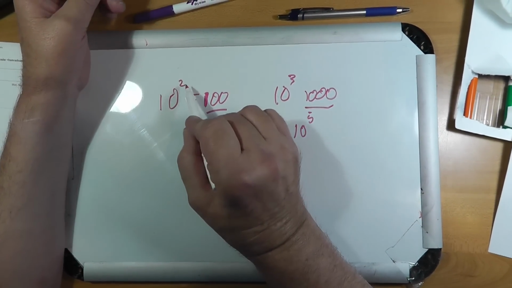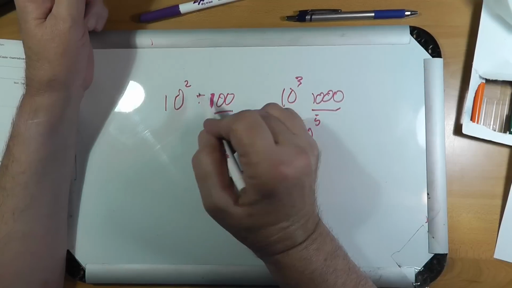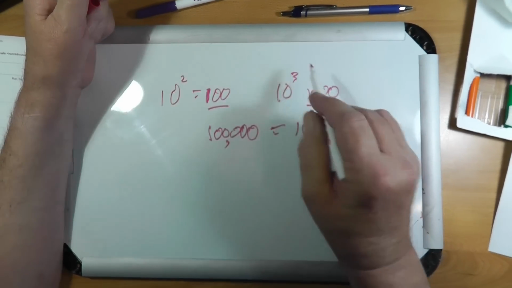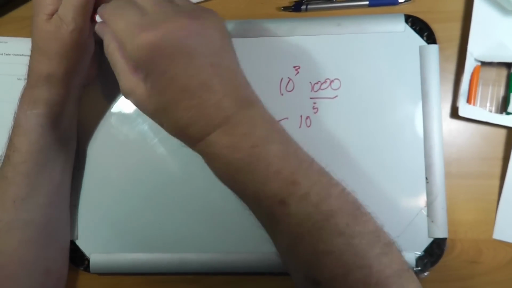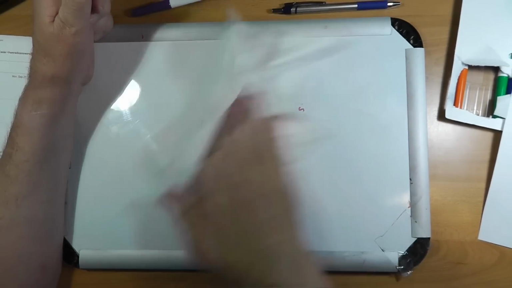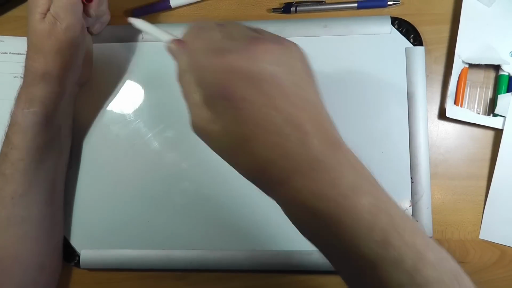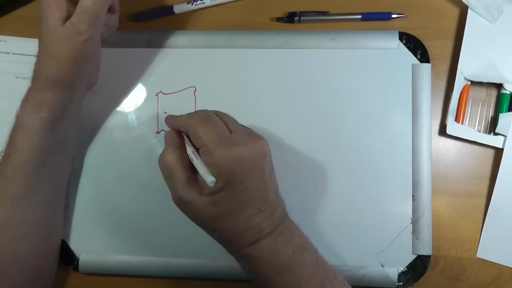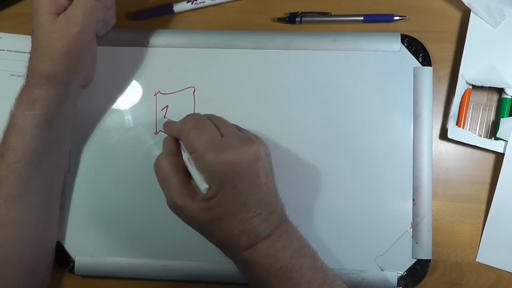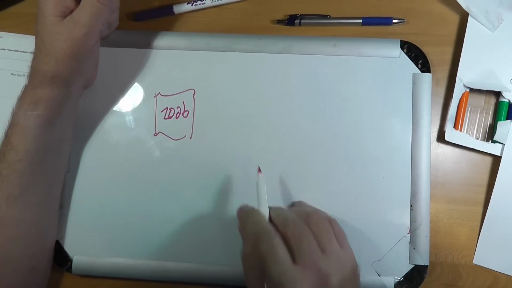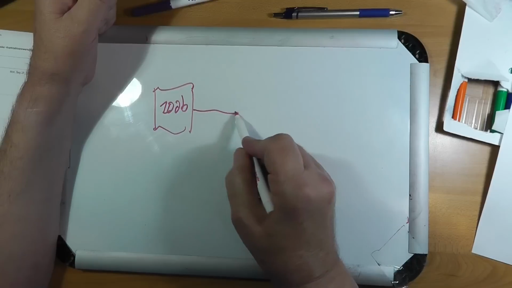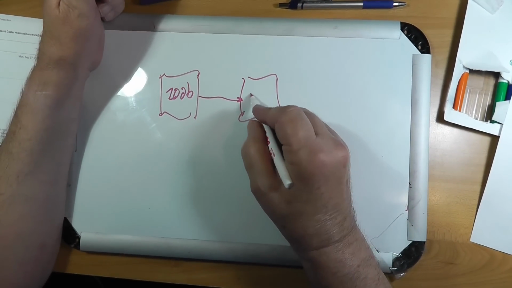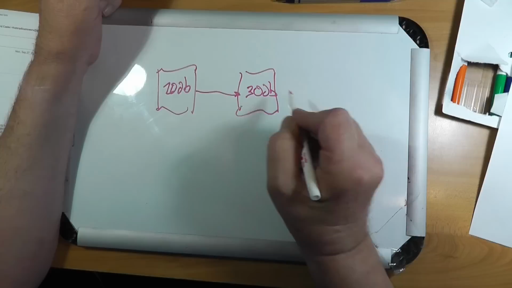And you have 5 zeros, so that's 10 to the 5th. Now, this is kind of in bells. We want to look at it ham radio-wise. Suppose I have an amplifier, and it has a 20 dB gain, and then that goes into an amplifier with 30 dB gain.